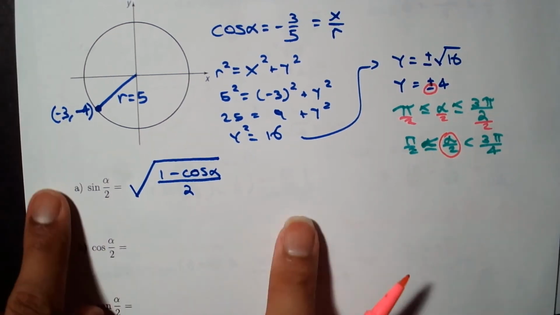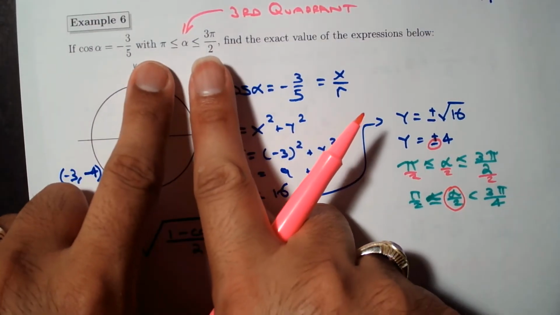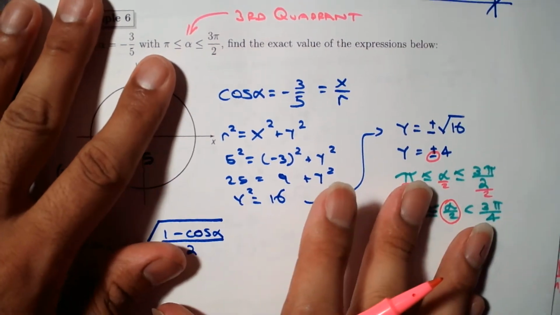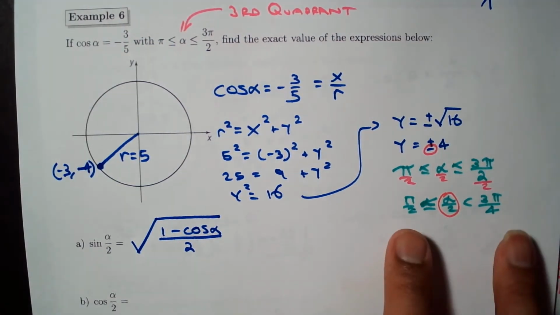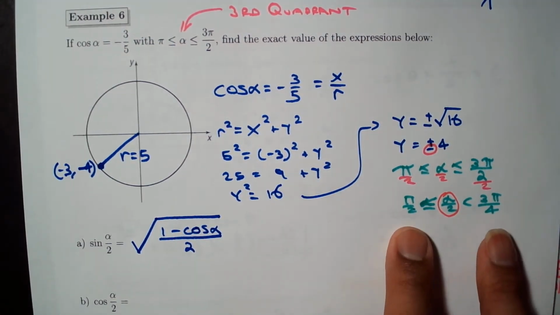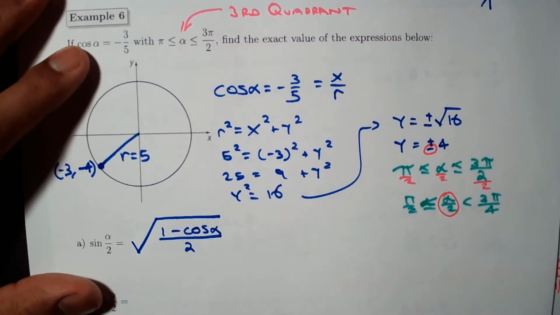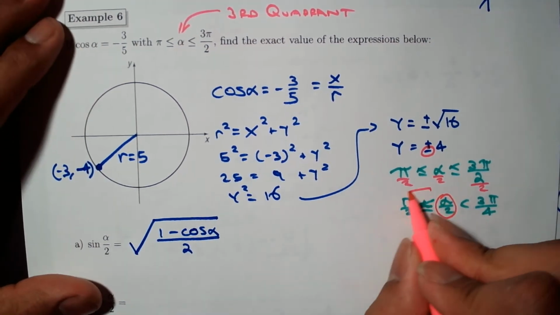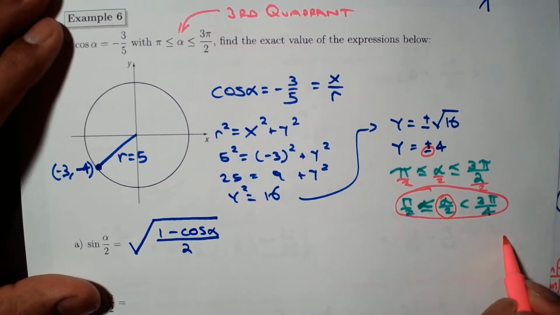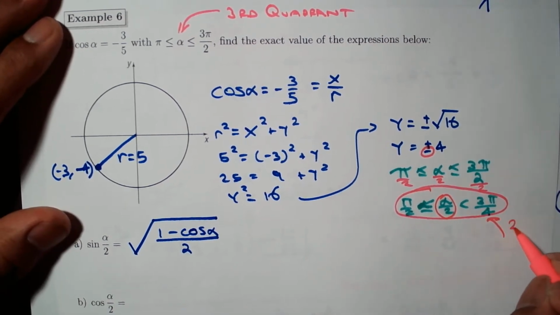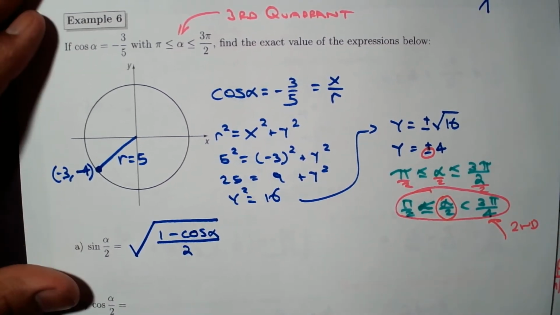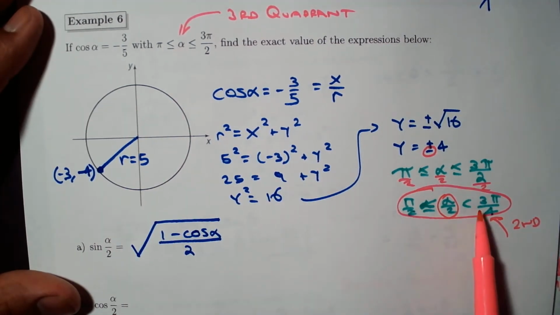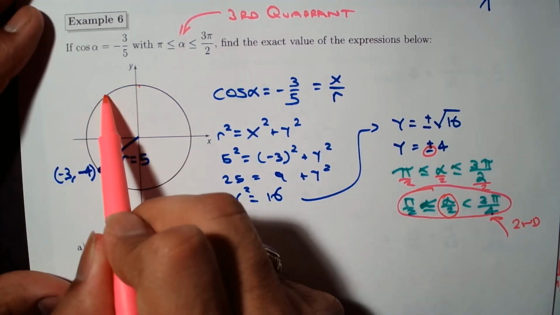So in this case, this pi to 3 pi over 2 got shrunk to pi over 2 to 3 pi over 4, which is the second quadrant, right? So we're talking about pi over 2 and 3 pi over 2.